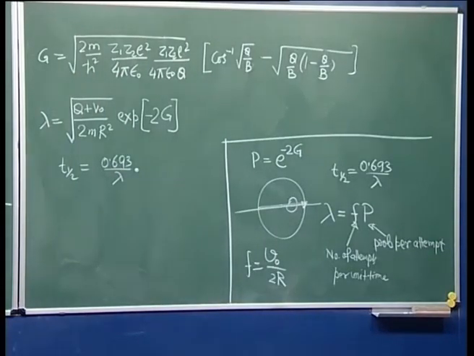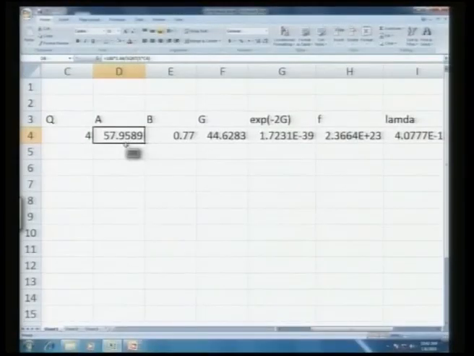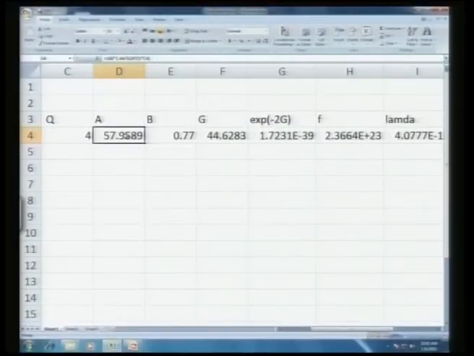If you look at your board, there is an expression for capital G, and in that expression you have something outside the square bracket. This quantity is that outside the square bracket, and it depends on capital Q. So, capital Q is taken from here, 4 MeV, and calculating that factor outside the square bracket.